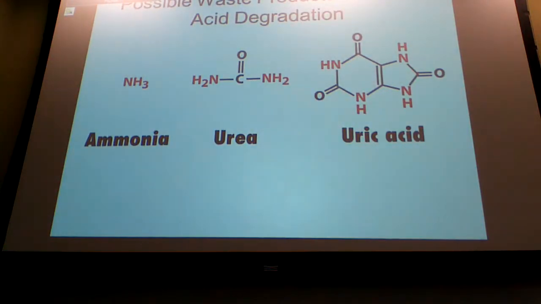Those are your choices. All of them contain nitrogen, right? So ammonia, urea, that's the structure you do need to know, is urea. So it's just a carbonyl and 2 amino groups attached to it. And then uric acid if you're a bird or a reptile.